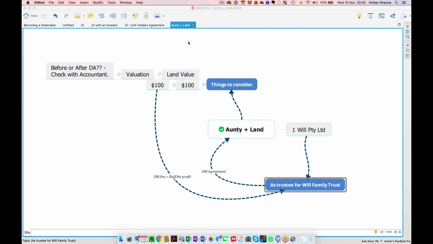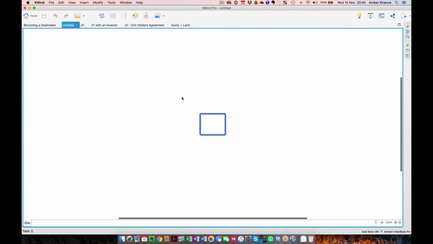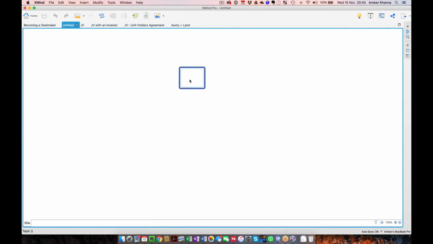Okay, so you're saying, how do I approach this? The first thing you've got to do is get a site. And side by side, you need to engage investors.